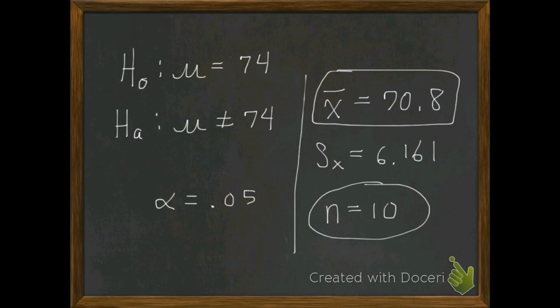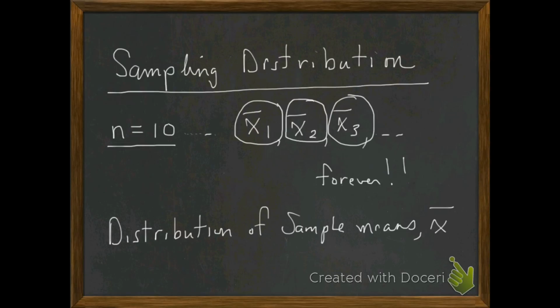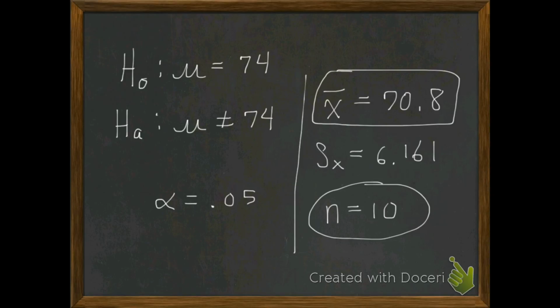Granted, these 10 students have a mean that's less than 74. But if we were to take another sample of 10 other students, we'd get something different. Third group, something different. Fourth group, something different. If we keep taking sample after sample, we're going to get different values.